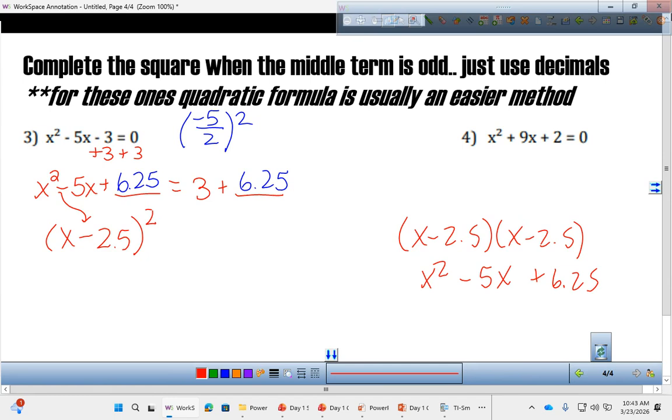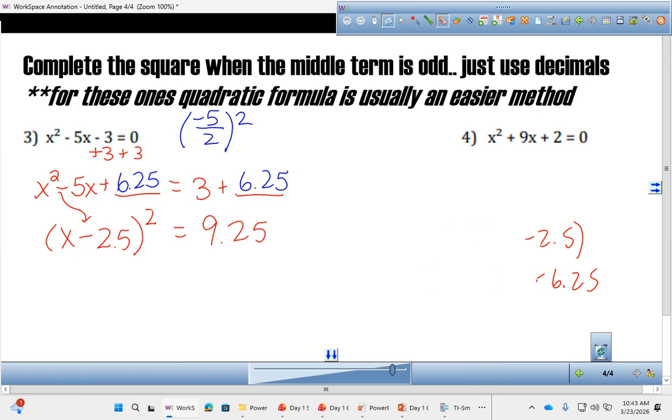Right, so that's why we're doing X minus 2.5 squared. It's the factored trinomial of that left-hand side. Now the right-hand side, I'm just adding these two numbers together. Definitely not ideal with decimals, but it can be done. It's just a method. We're following the same method every time.